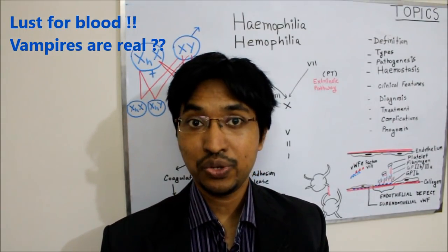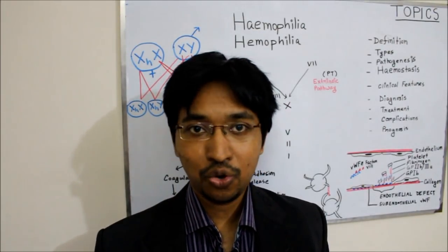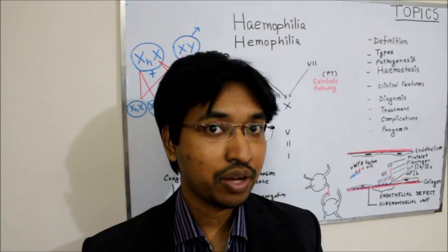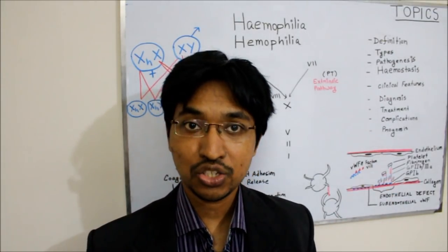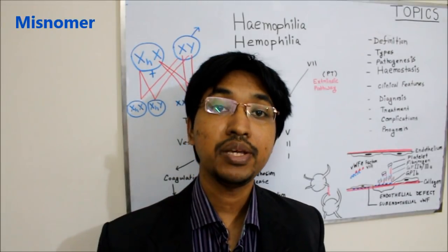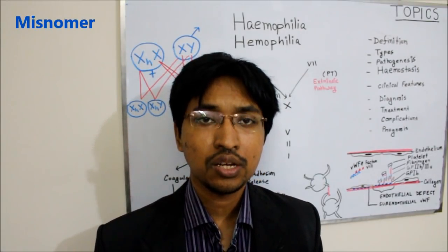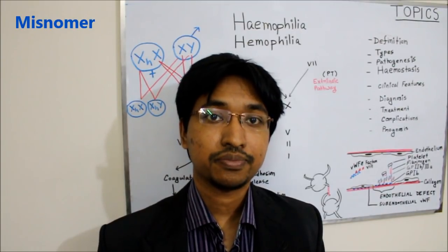But don't confuse this with vampire, okay? No, hemophilic patients are not vampires, they don't have lust for blood. As a matter of fact, this thing is a misnomer. The real meaning is different from the literal meaning.